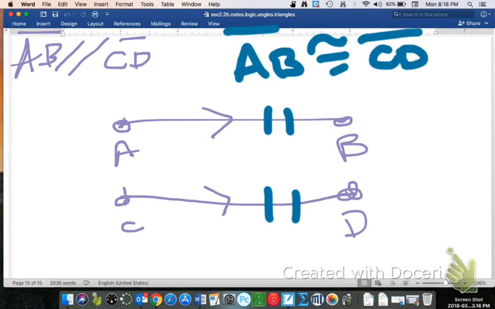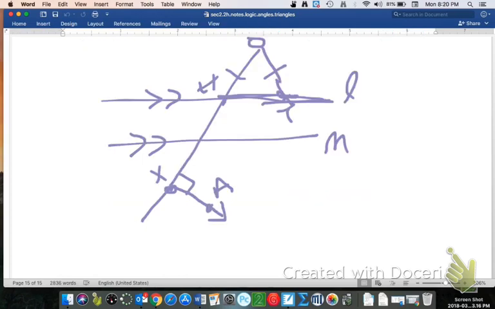But with the arrow, that's telling us that they're parallel. So I may be giving you information where you put the information on the picture, or you create a picture, or you're pulling information off the picture and you're telling me what information you know based on that. So let's take another example.